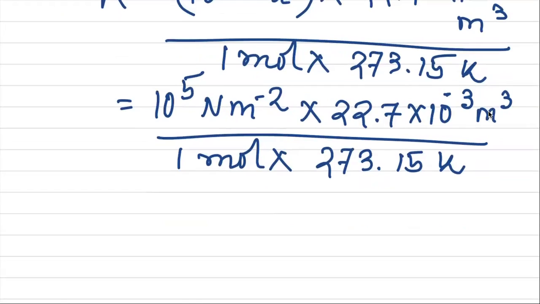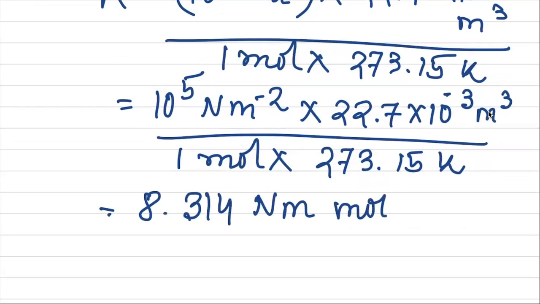Yes, miss. So we can write the equation: 8.314 Newton meter mole inverse Kelvin inverse. Now Newton meter is what? Joule.